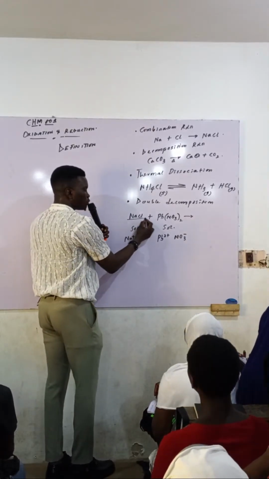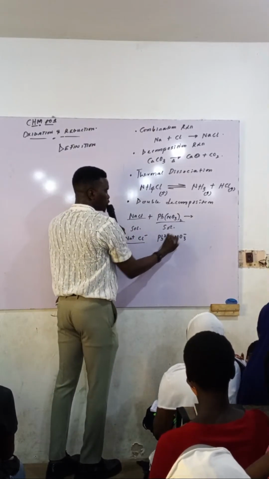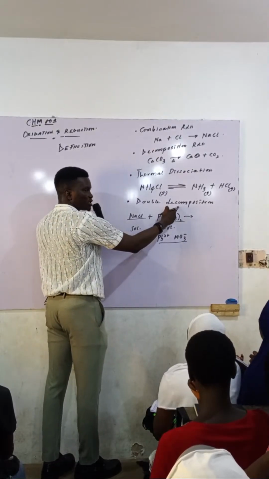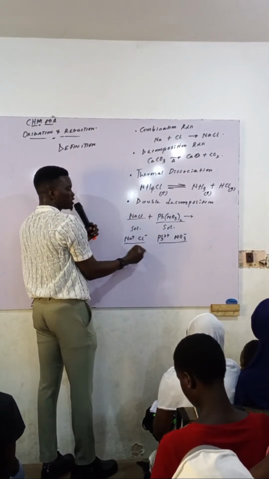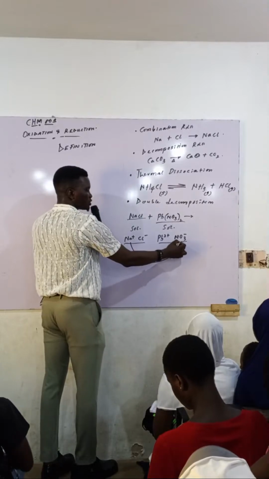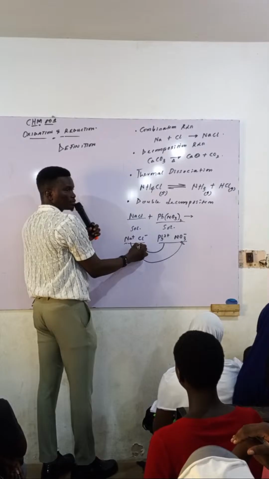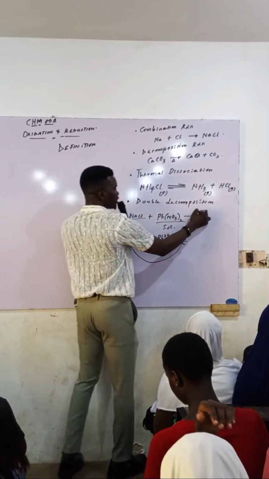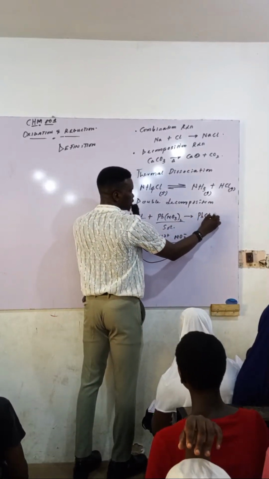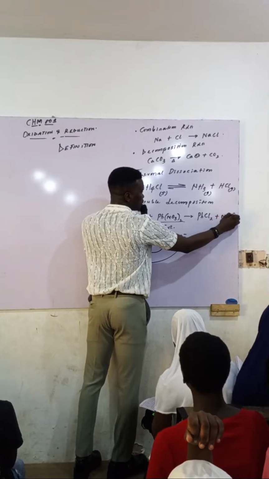Now this decomposed, we call it double decomposition. After they decompose, they will now exchange their ions. So sodium will go to this, lead will go to this. So at the end of the day, you are now going to have PbCl2 and NaNO3.